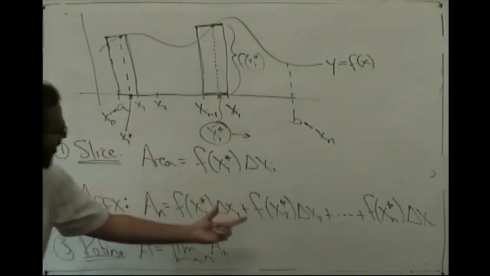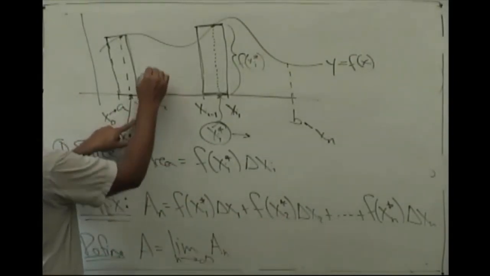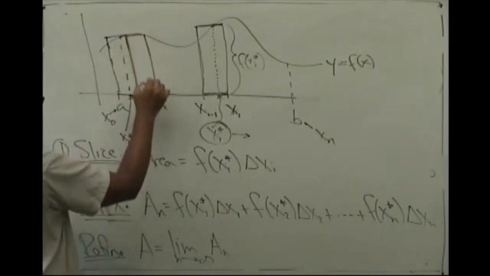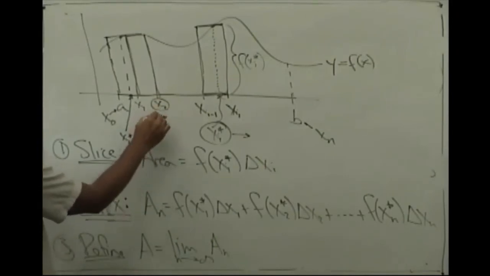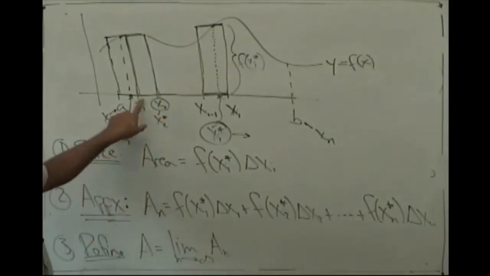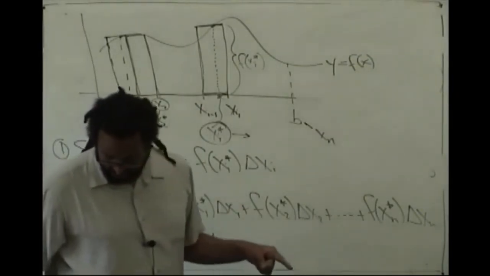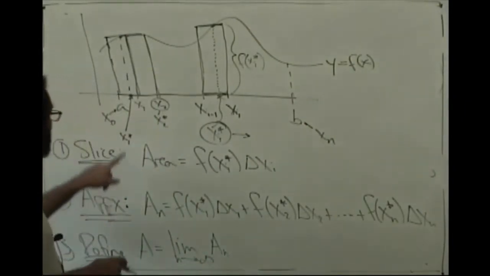Do that again on the second subinterval. Here's the second rectangle, and let's say we let x2 star just be this endpoint. You can take anything in the subinterval, including the endpoints. In fact, in a minute, we will look at left and right hand approximations.